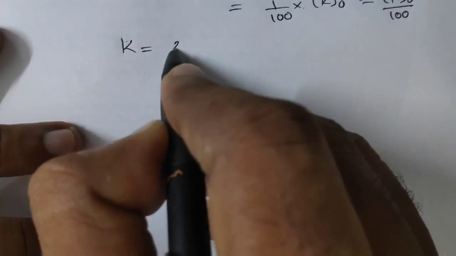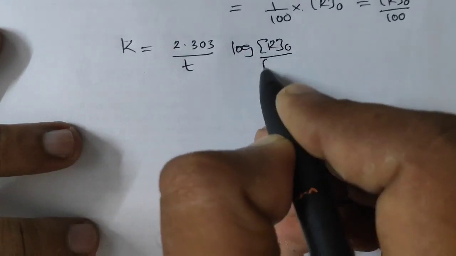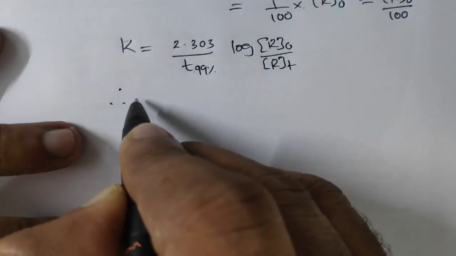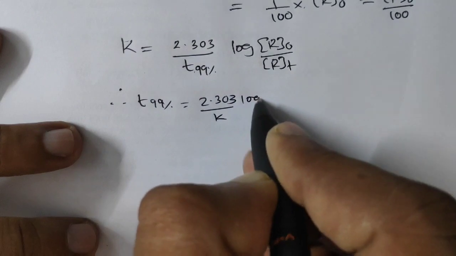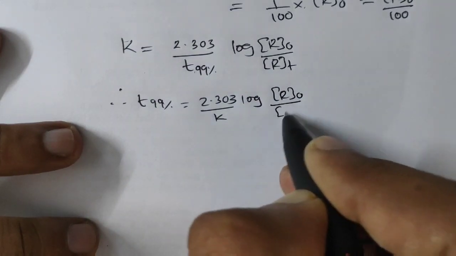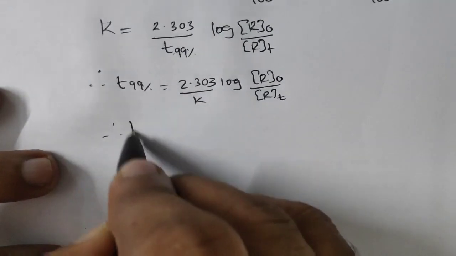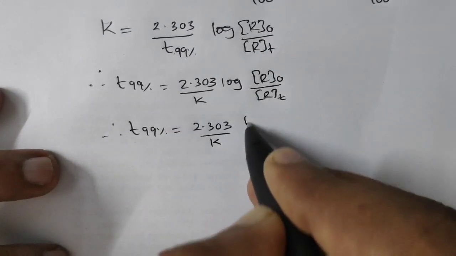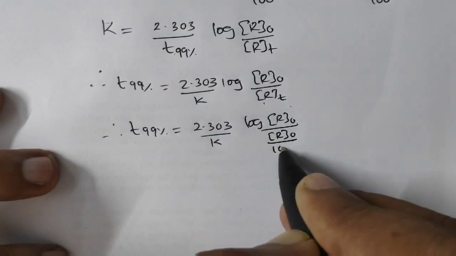Now as it is a first order reaction, we know the formula. K is equal to 2.303 by t log R0 by Rt, right? Now t here we will take 99%. So therefore t99% is equal to 2.303 by K log R0 by Rt. If you simplify this, t99% is equal to 2.303 by K log R0, and for Rt it will be R0 by 100.